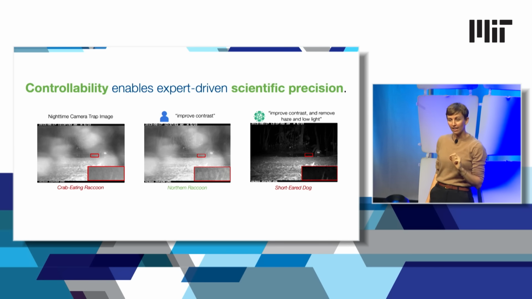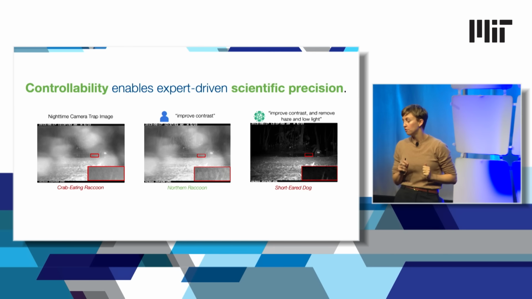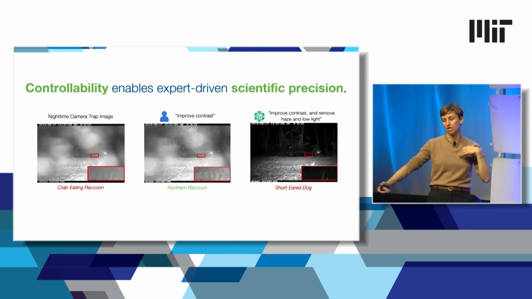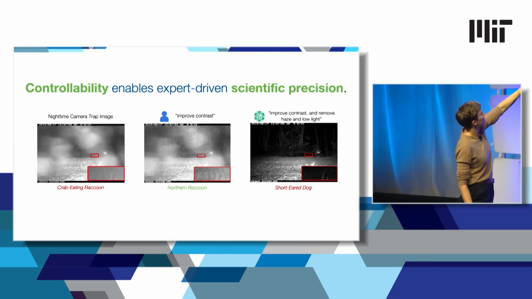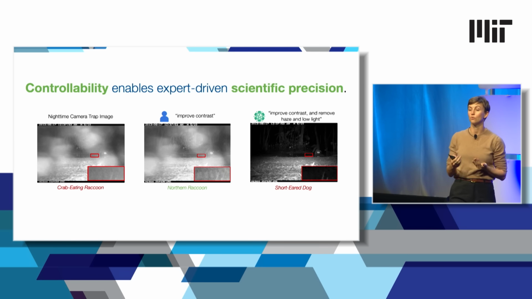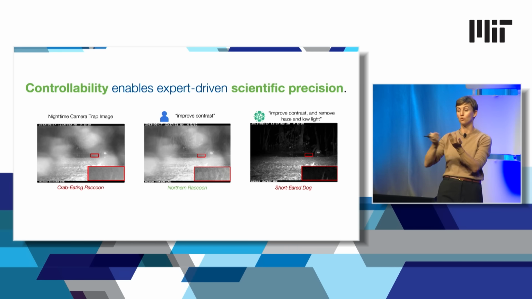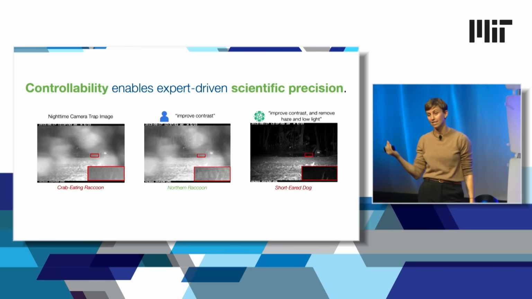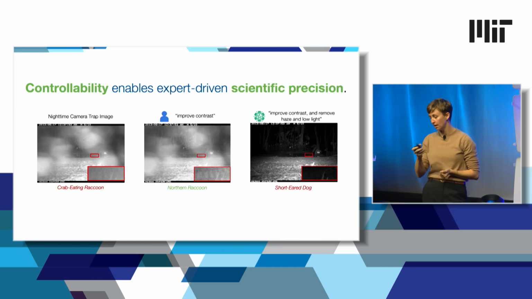By only removing the contrast, but not also trying to change the haze, the low light, all of these other distortions, you're better able to pick up the stripes on the tail, which enabled an ecologist to correctly identify this as a northern raccoon. Again, we're identifying correctness by using changes over time: an additional image in this sequence, which had a much easier to identify species, as our way to evaluate.